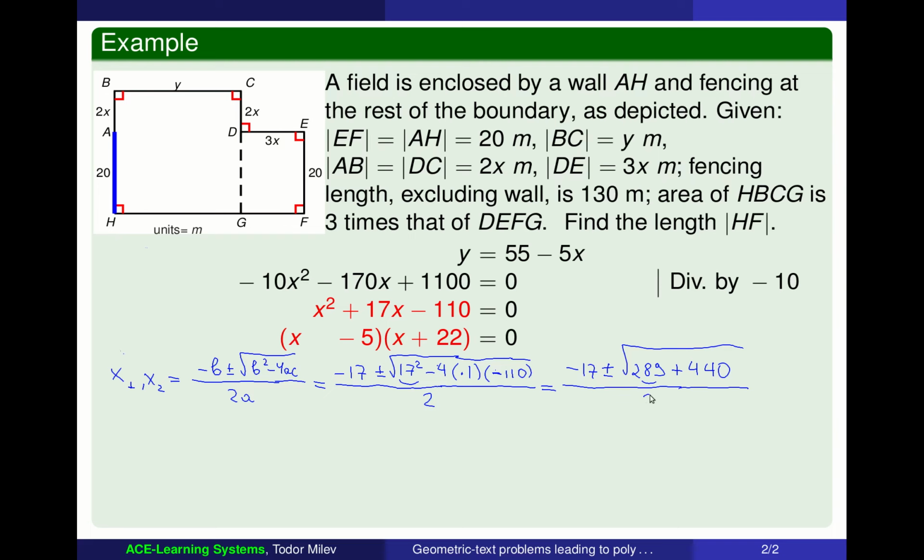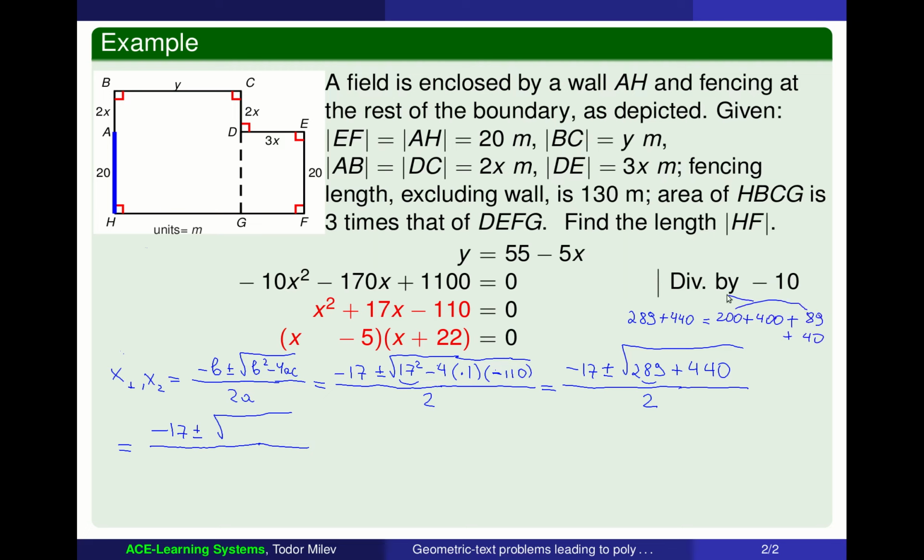Okay, and here I'm still dividing by 2. So I'm getting negative 17 plus or minus radical of 289 and 440. That gives me 600. So 289 plus 440 gives me 200 plus 400 plus 89 plus 40, right?